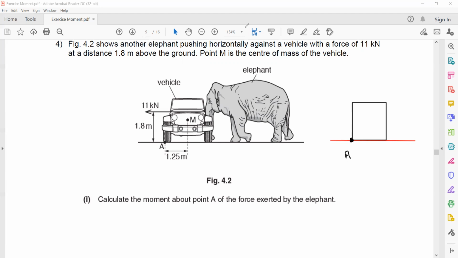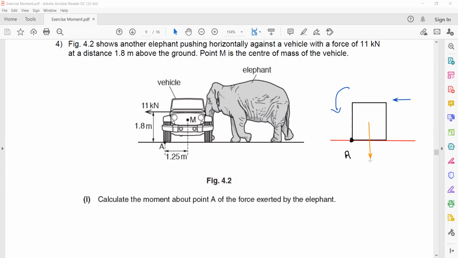So when the elephant is pushing the car, in which direction is the elephant trying to cause a rotation? He is trying to cause a rotation in anti-clockwise direction. But there is also another force, that is the weight of the car, which is acting at the center.